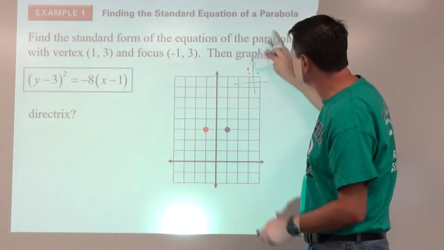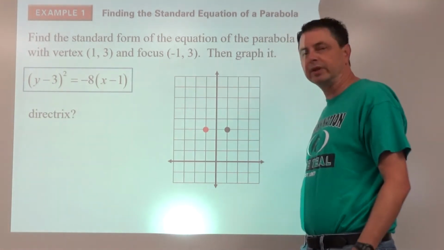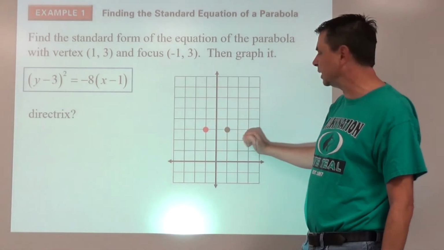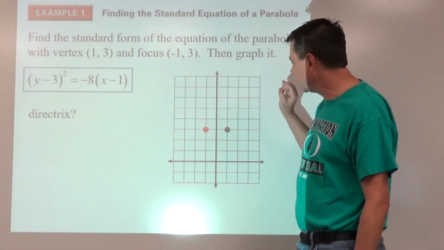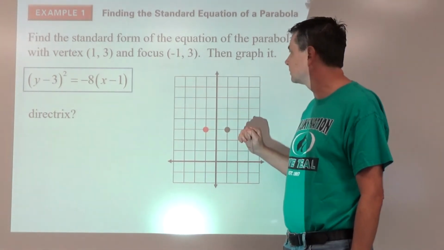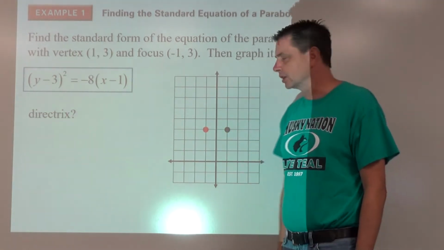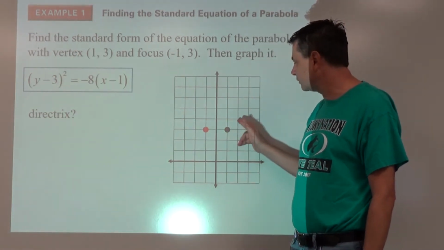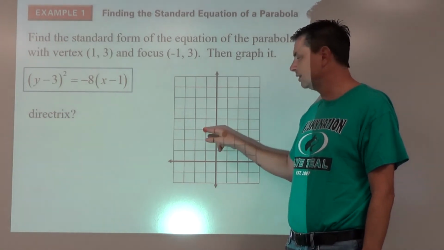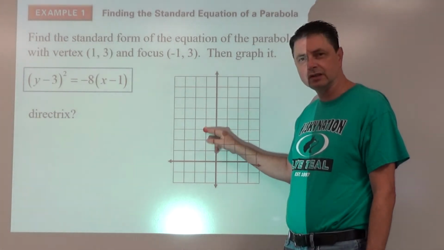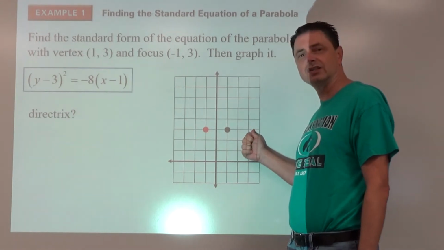We kind of got the sketch there, but probably a good idea just to do the whole thing on graph paper here. We've already got our vertex and our focus. Next is the directrix. If from the vertex we go left 2 to get to the focus, we're going to go right 2 to get to the directrix.